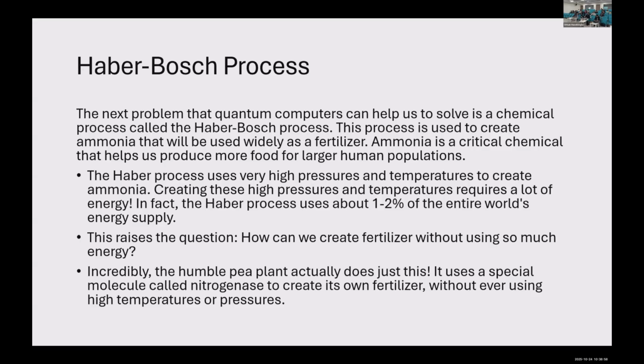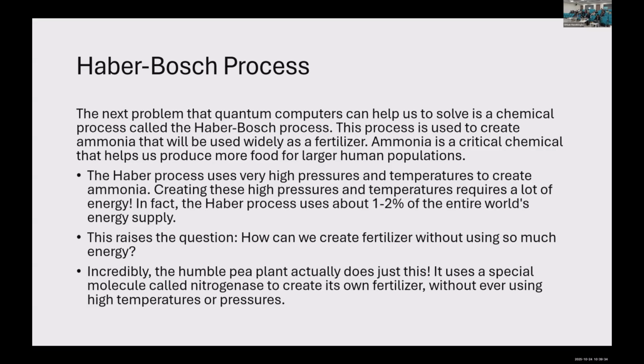So how many of you are familiar with the Haber-Bosch process? What is it? Fertilizer. Yeah, very good, thank you. So the next problem that quantum computers can help us solve is a chemical process called the Haber-Bosch process. This process is used to create ammonia that is widely used as a fertilizer.